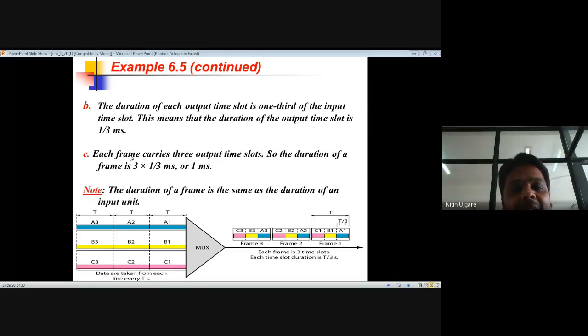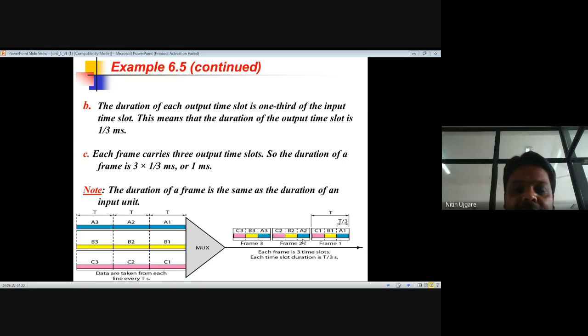Then we'll carry on to the frame rate. Now, one frame carries 3 output time slots, one for each channel. You can see here the first time frame has 3 output time slots: A1 for the first channel, B1 for the second channel, and C1 for the third channel.